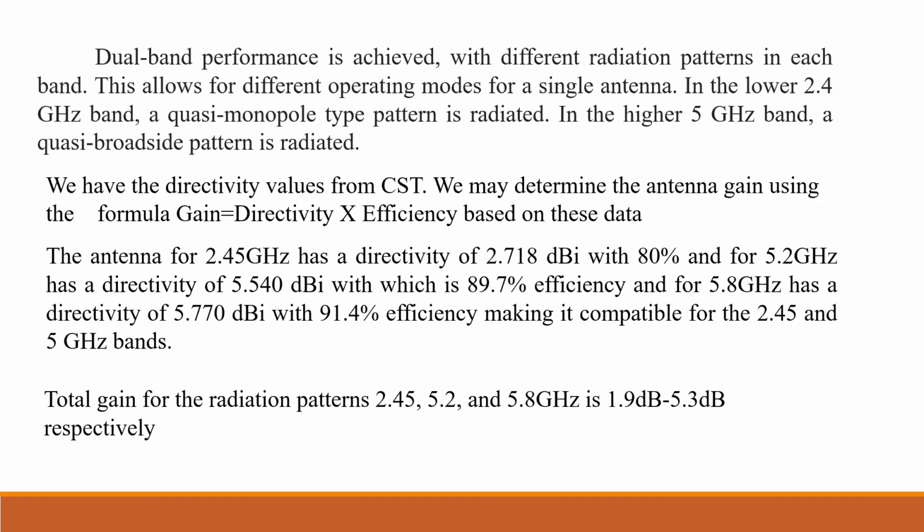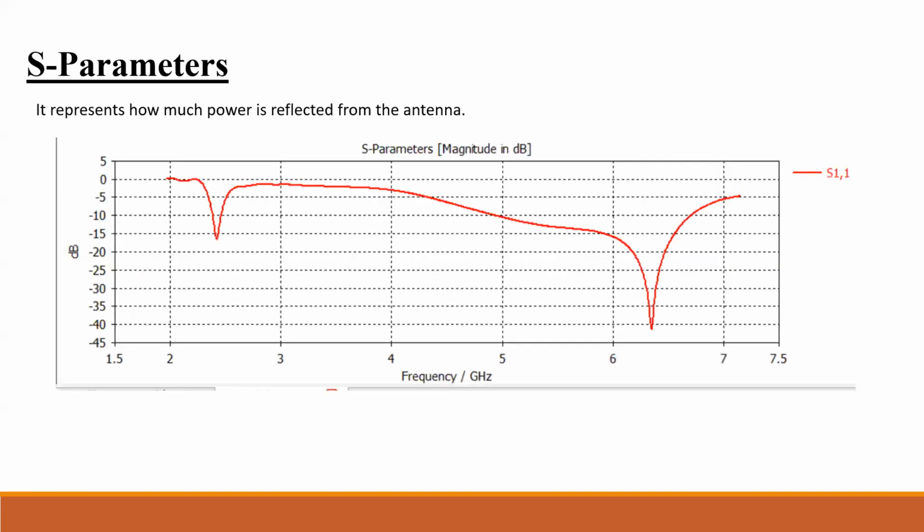And for 5.8 gigahertz, we have a directivity of 5.7 decibels and 91.4% efficiency, making it compatible for the 2.45 and 5 gigahertz bands. Total gain for the radiation patterns at 2.45, 5.2, and 5.8 gigahertz is 1.9 decibels to 5.3 decibels.